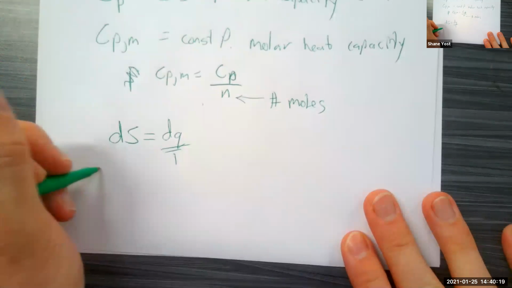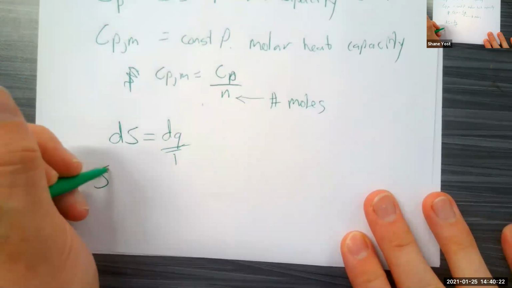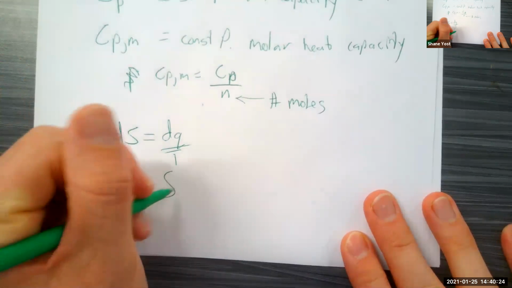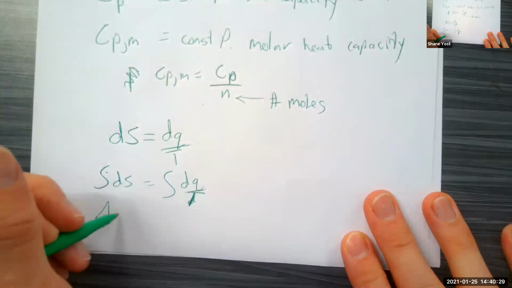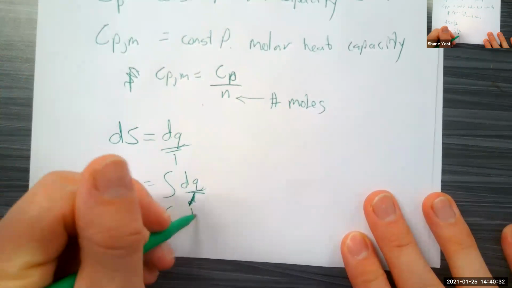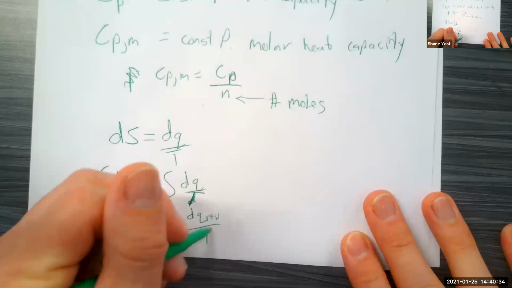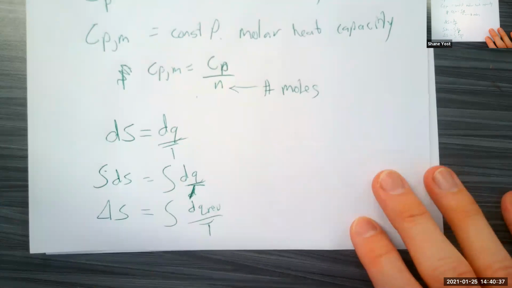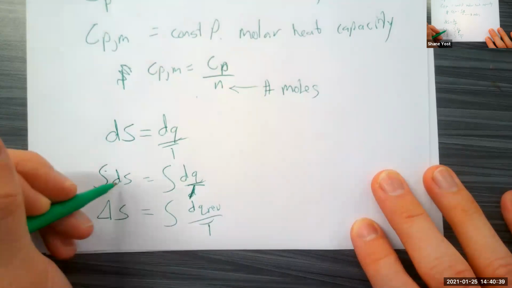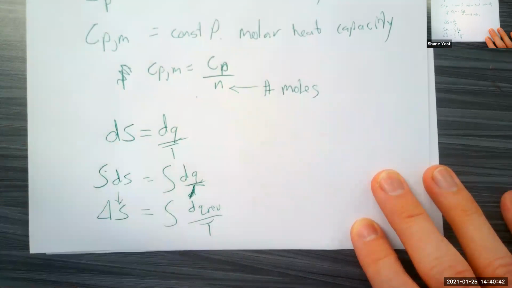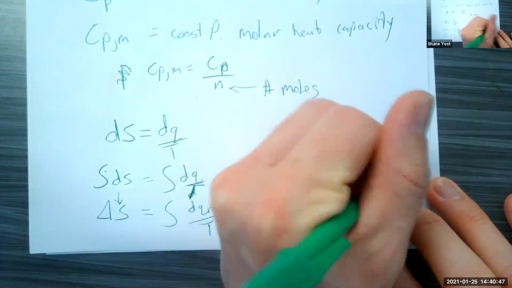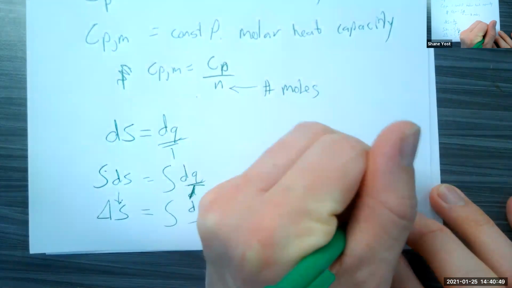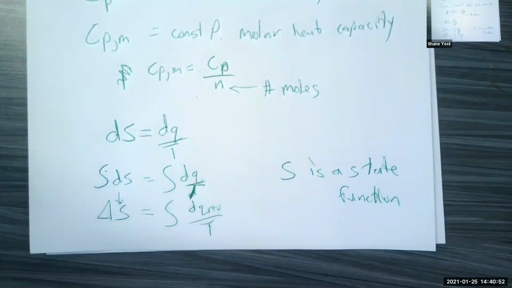How I'd get the delta S form is I'd integrate dS, and integrate dq over T. And then this would give me delta S equals the integral of dq reversible over T. And I know the integral of dS is going to give me delta S because S is a state function, so it doesn't matter what path I'm taking when I'm integrating this out.